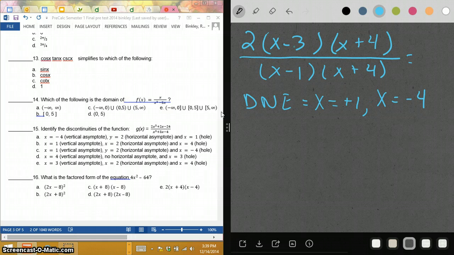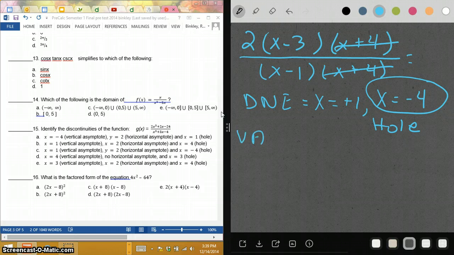Now you can see after you factor it out that we can cancel out the x plus 4's. If you can cancel it out of the original equation, that makes it a hole. So the x plus 4 is a hole. We can't cancel the x minus 1, so that makes x equals positive 1 a vertical asymptote.